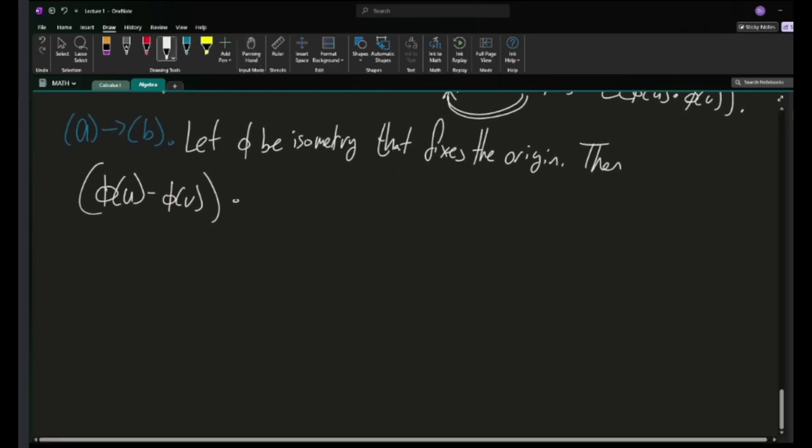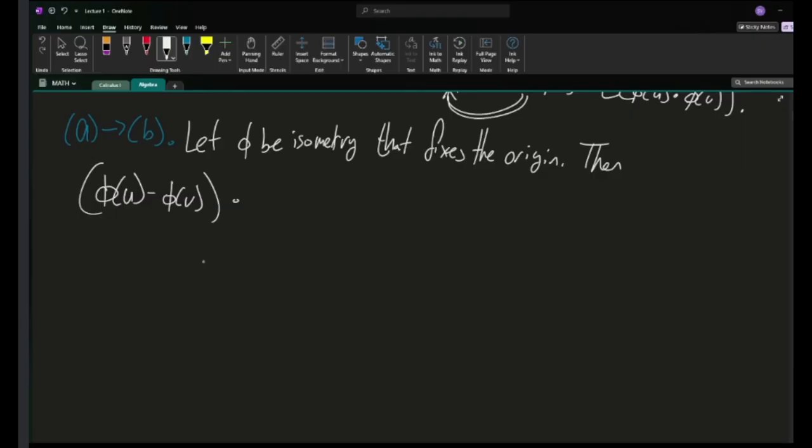So, on this next part, all we're just trying to show is that, let me double check. Yeah, since we're fixing the origin, we're just trying to show that it preserves dot products.